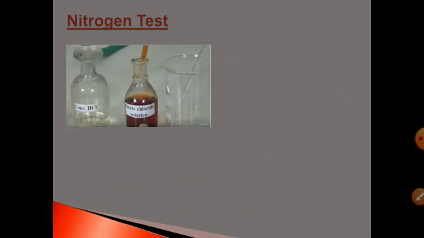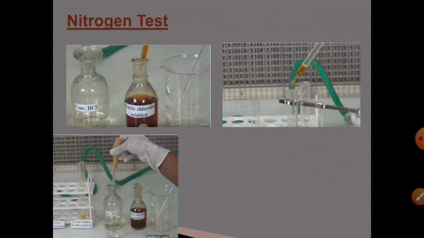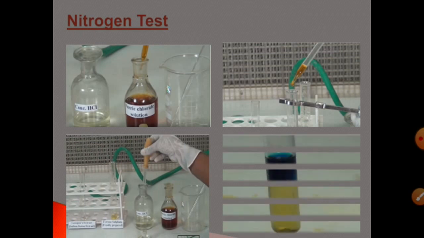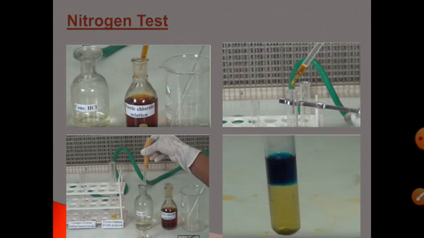Then add a freshly prepared ferrous sulfate solution. The solution is boiled, and then a few drops of ferric chloride solution are added, and HCl is added at the end. The appearance of a blue or greenish blue, Prussian blue color or precipitate proves the presence of nitrogen in the organic compound.